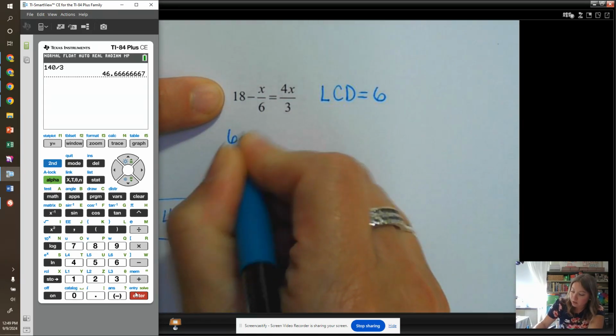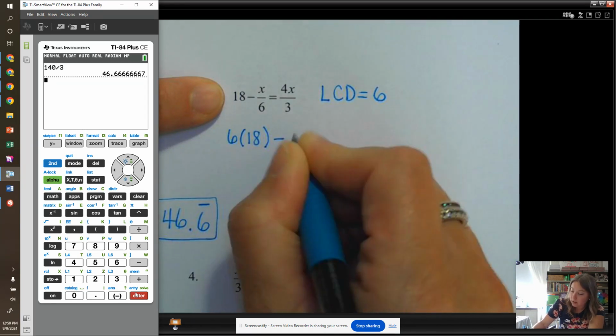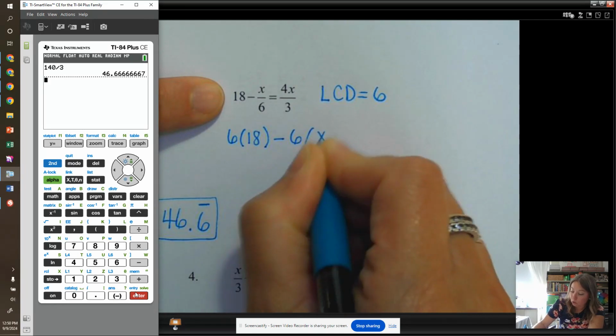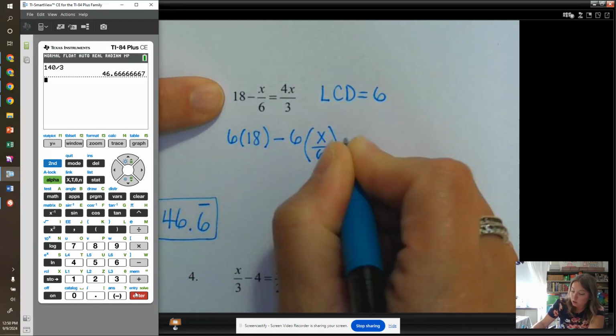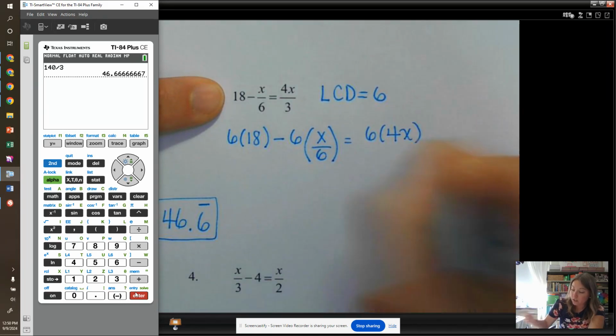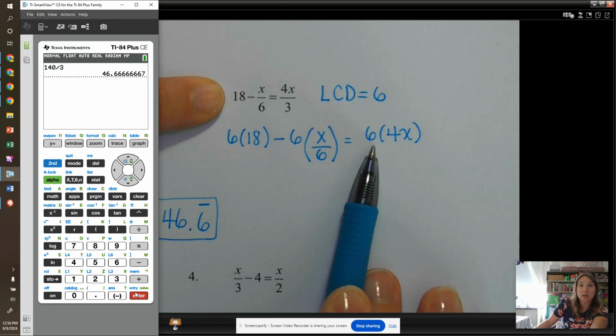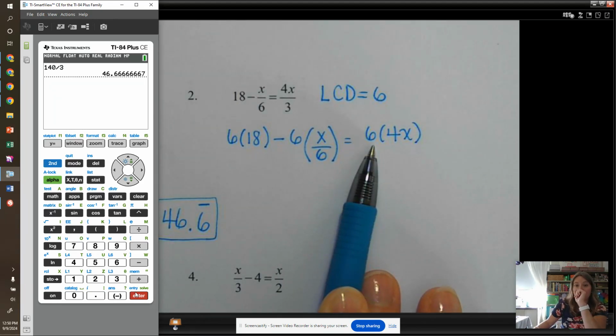So 6 times 18 minus 6 times x over 6 equals 6 times 4x. We rewrite the entire equation and multiply every single piece by our LCD.